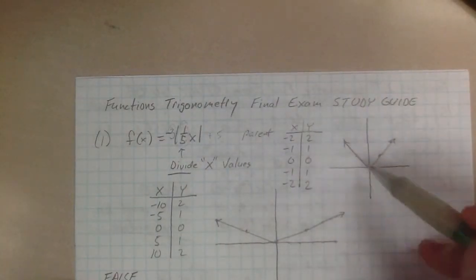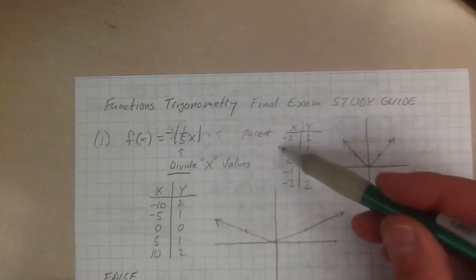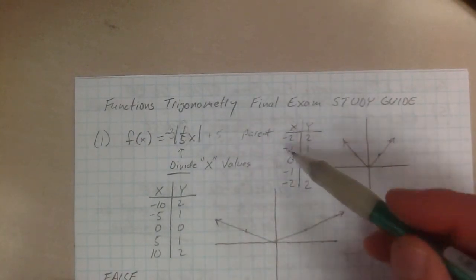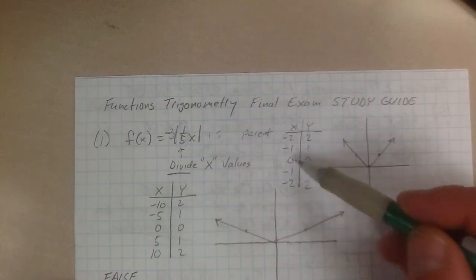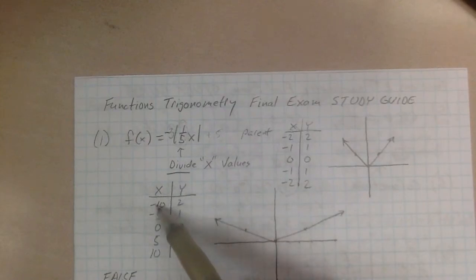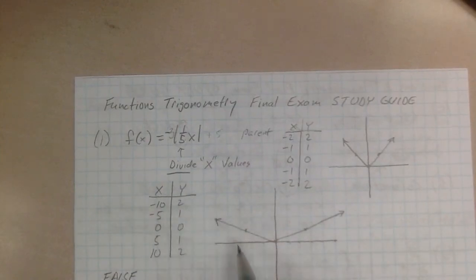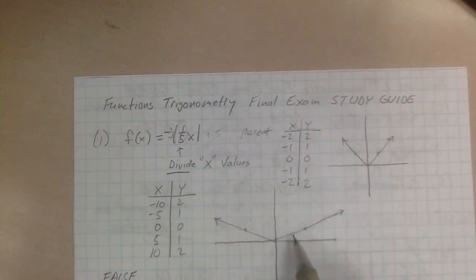Here's my parent function for the absolute value. This transformation is only going to affect these x values. I'm going to divide each one of these numbers by 1/5, which is the same thing as multiplying by 5. Then my new x values will look like this, and if I plot that out, we can see that this got stretched horizontally.